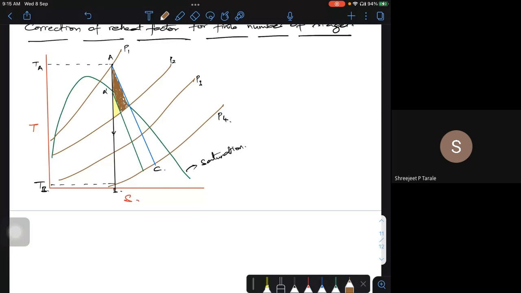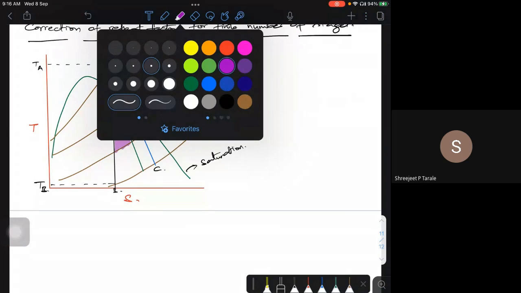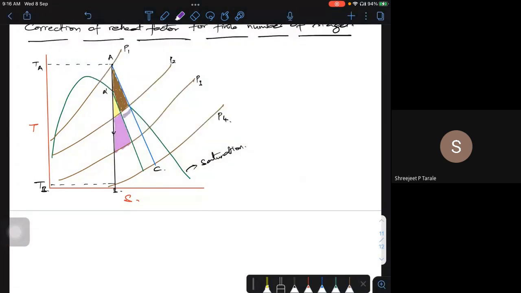There is an expansion, and there is an extra. Now, if I go for the second stage, this will be the extra thing. That means, if it is not isentropic, this is the actual one. If I go for the superheated case, this will be an extra portion which is added.